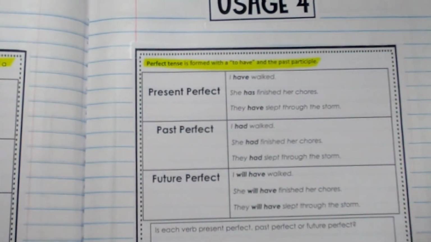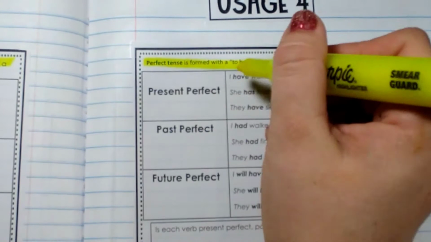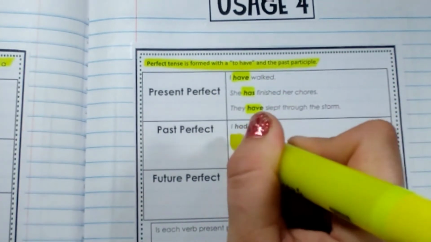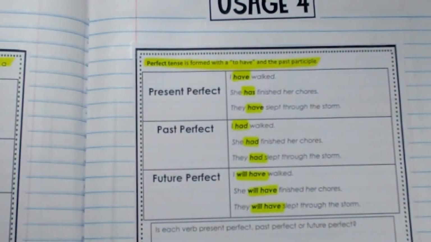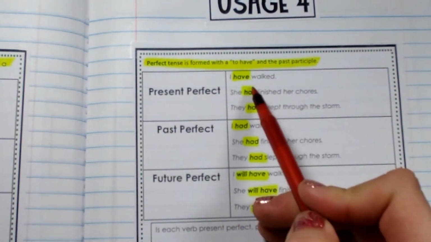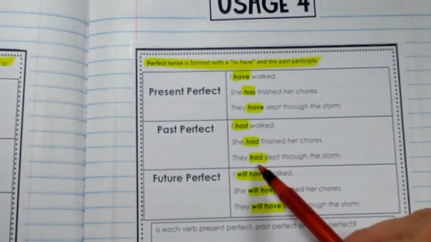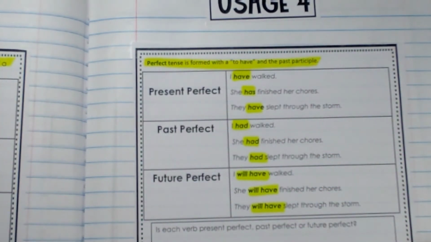What we would do to tell if it's past, present, or future is to look at the words before, just like we did in usage 3. Have, has, have, those are all present. Had is past perfect, is past, and will have is future.